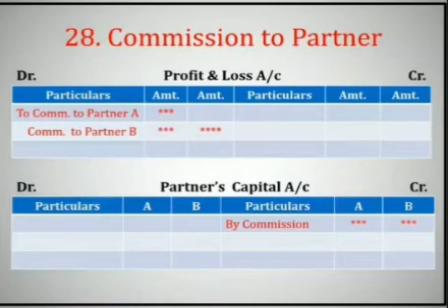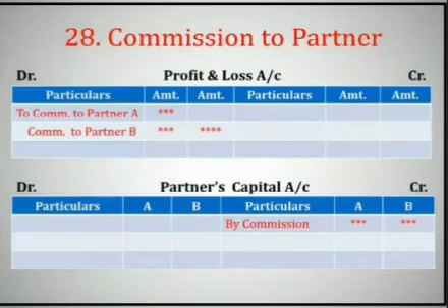As commission to the partner is an income from the point of view of the partners, but it is an expense from the point of view of the business. That is why we have debited to the profit and loss account as it is an expense, and we have credited to the partners' capital as it is an income for both the partners, that is A and B.